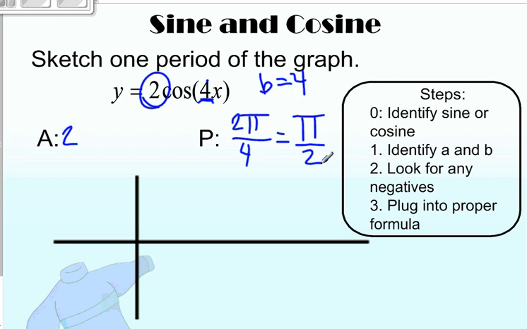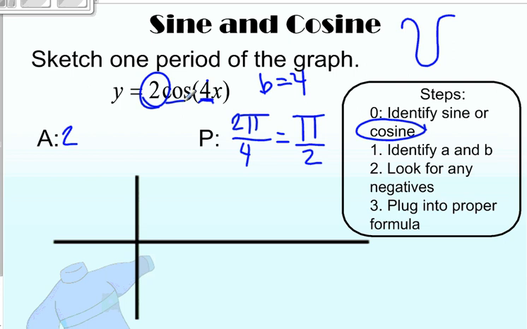That means our entire period, the entire time it takes it to go through its normal cycle, and for cosine, that is that V-shaped graph, because we identified this one as a cosine function. We're going to make sure our graph looks like that.